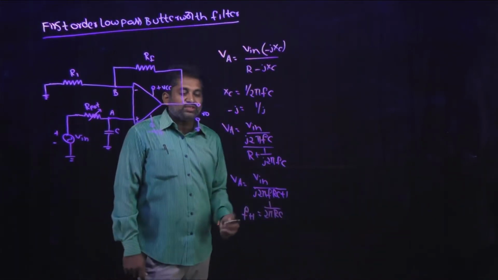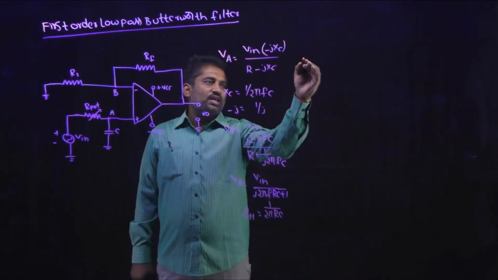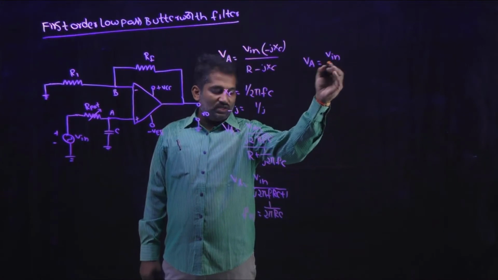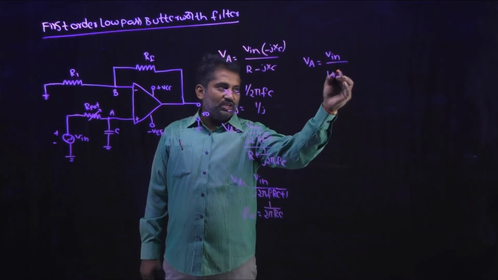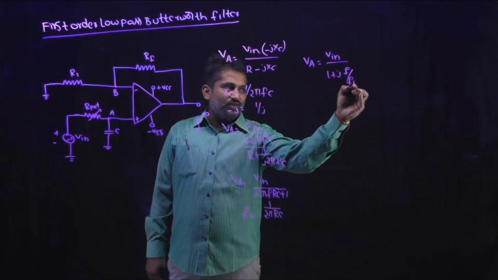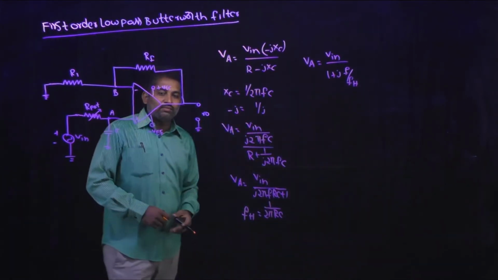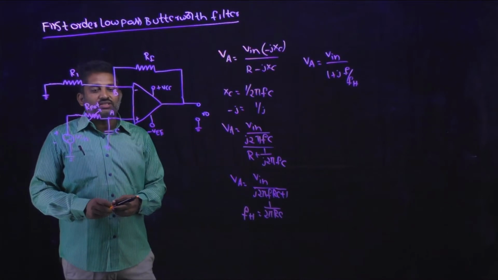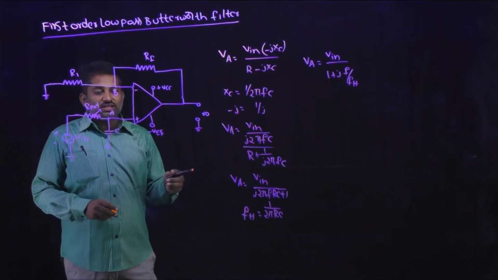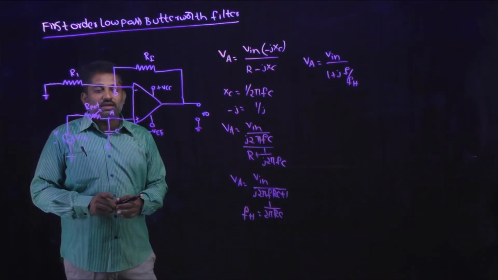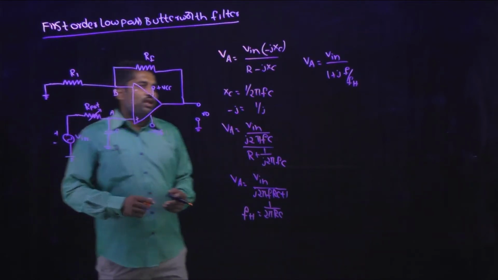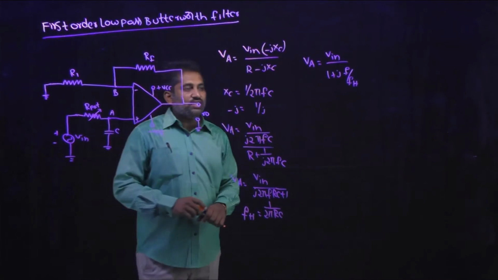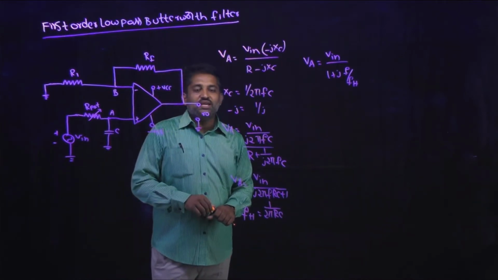Substitute this FH value in the above equation, then you will get VA equal to Vin divided by 1 plus j F by FH, where FH is nothing but the cutoff frequency, which is also taken as the corner frequency, or the 3 dB frequency.